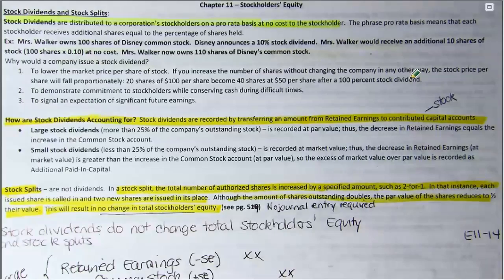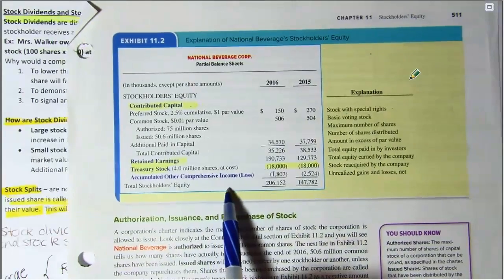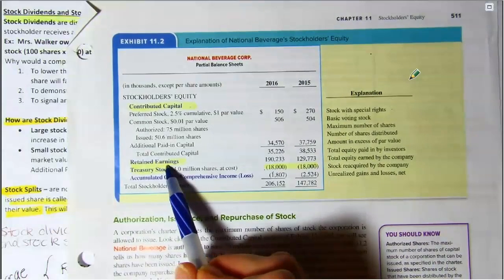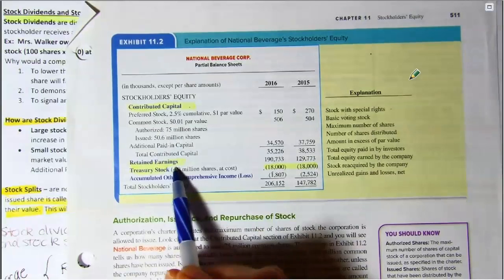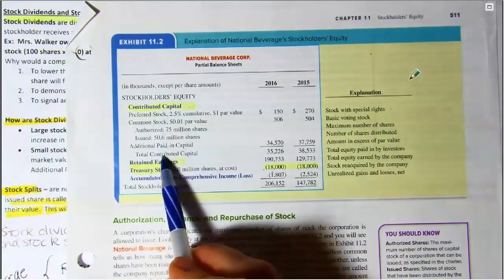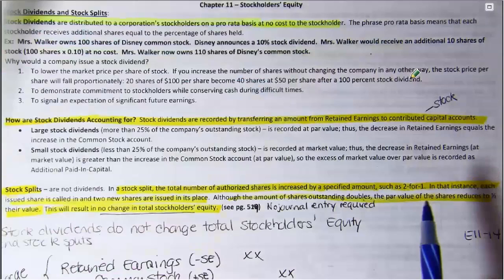If you remember, that's all part of stockholders' equity. What we're going to do is take money out of here and put it up into this section. We're transferring out of retained earnings and into the stock section. So the total stockholders' equity does not change for a stock dividend. It stays the same, moving money from one section to another.